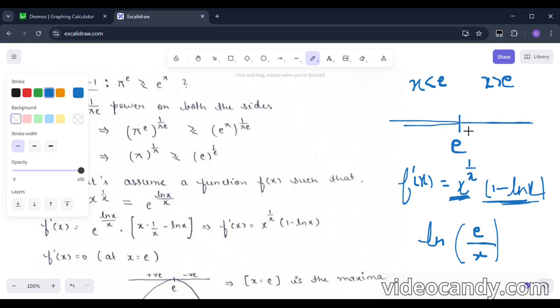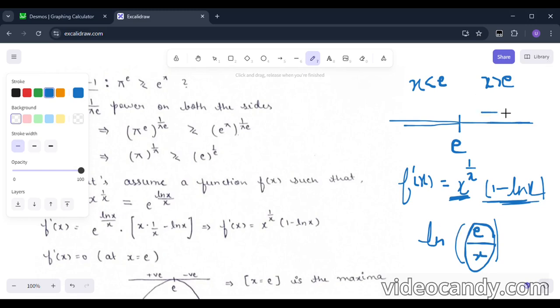Now for x greater than e, this entire fraction e by x will be less than 1. You can see e is basically 2.71, and x is something which is greater than 2.71. So this entire fraction will be lesser than 1, and ln of something which is lesser than 1 is negative.